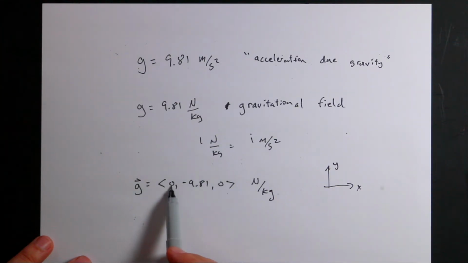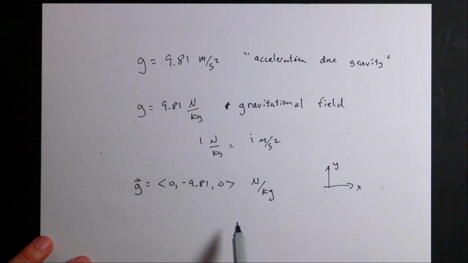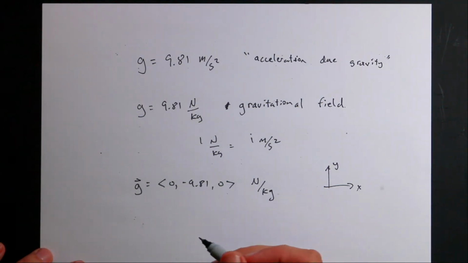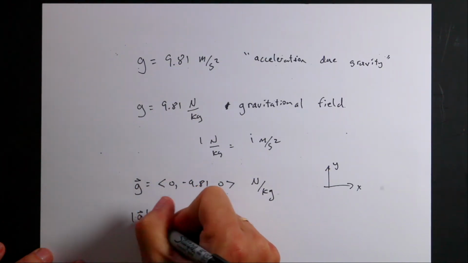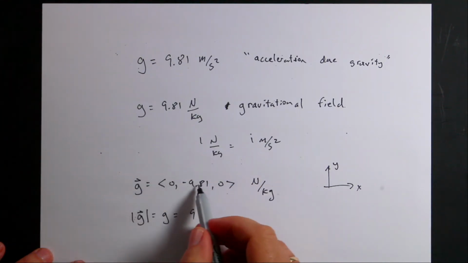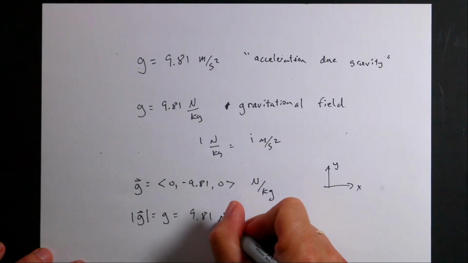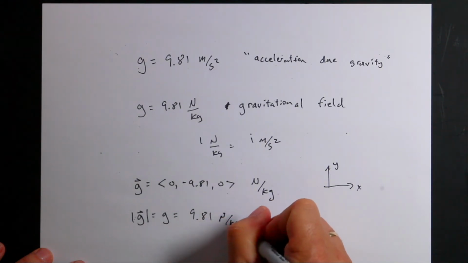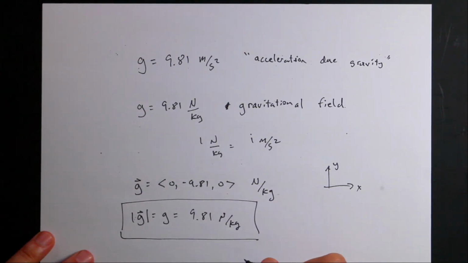So here I have a 0 x component, a negative y component, and a 0 z component, in newtons per kilogram. And if I want to write the magnitude of that vector, I could write the magnitude of g, or we could also just call that g. That would be the square root of 0 squared plus this squared plus that squared, so we get 9.81 newtons per kilogram. And that is g, the gravitational field.